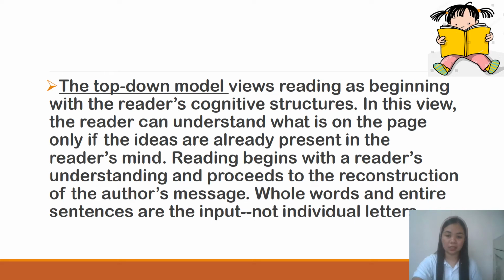Whole words and entire sentences are the input, not individual letters. An example of top-down is the whole language approach, where learners are taught to identify entire words rather than combinations of sounds. In reading comprehension, learners use their knowledge of the genre to predict what will be in the text.